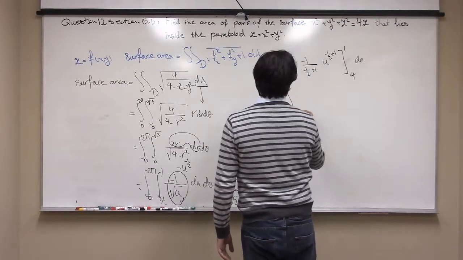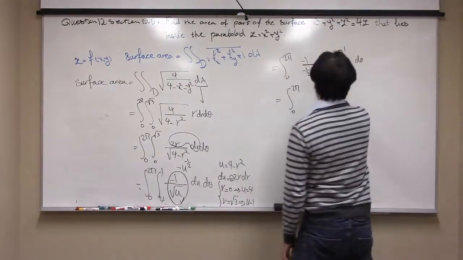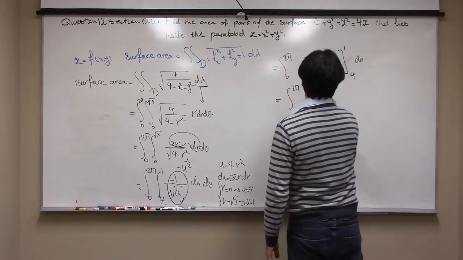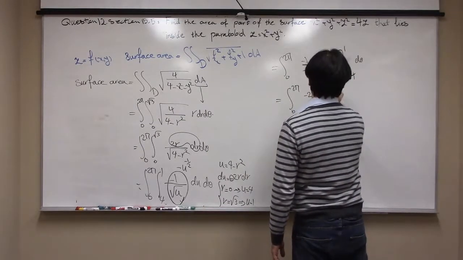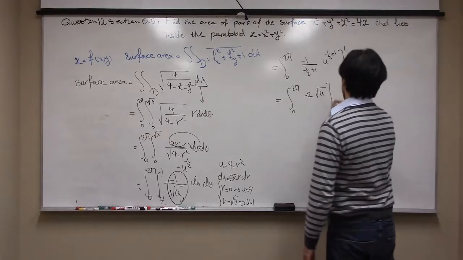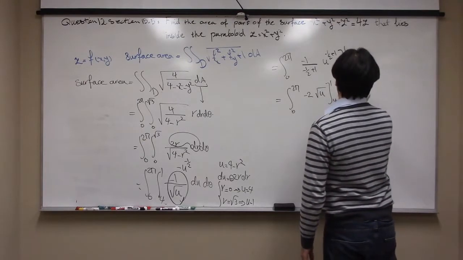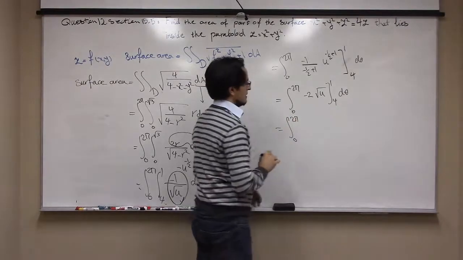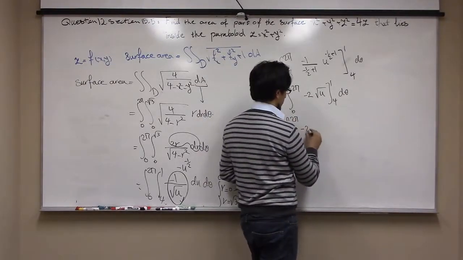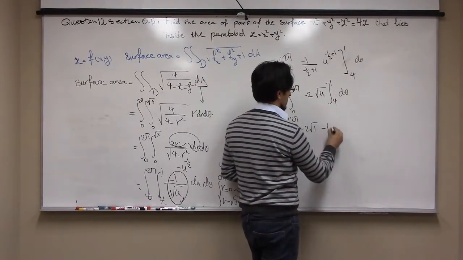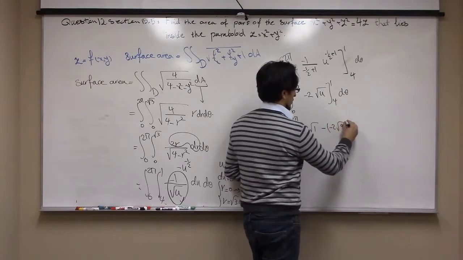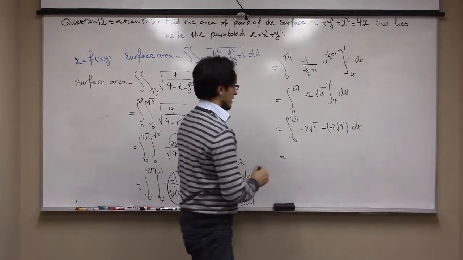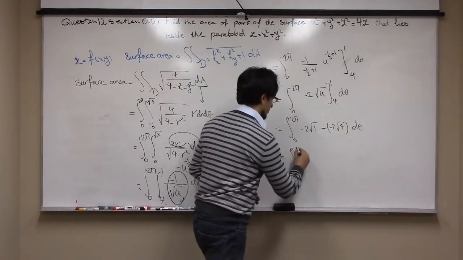Then you go from, this would give us, this is half, negative 2 root u, going from 4 to 1. The fundamental theorem of calculus says that this is negative 2 root 1 minus 2 root 4, d theta, and then this is 0 to 2 pi.